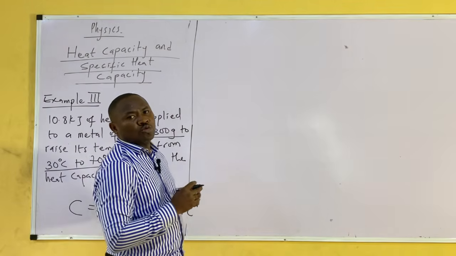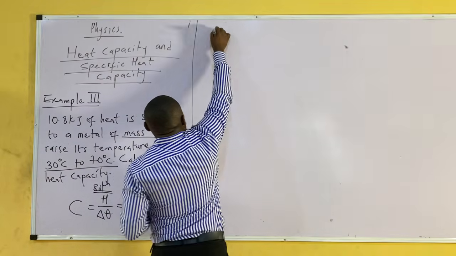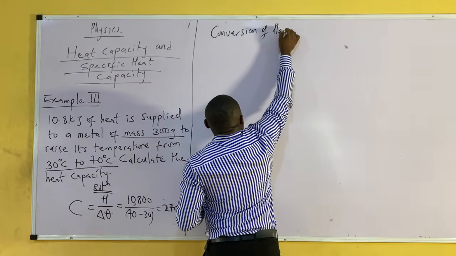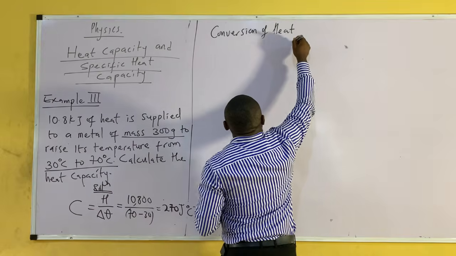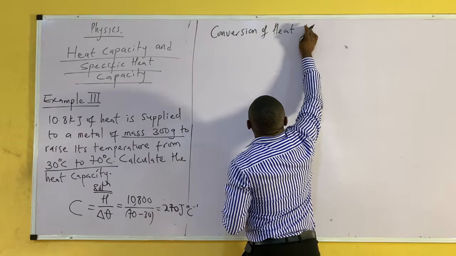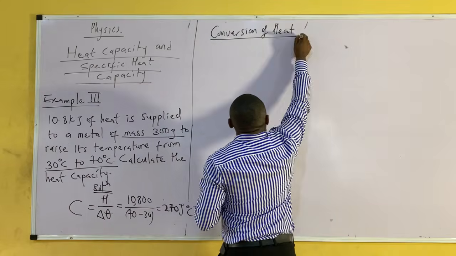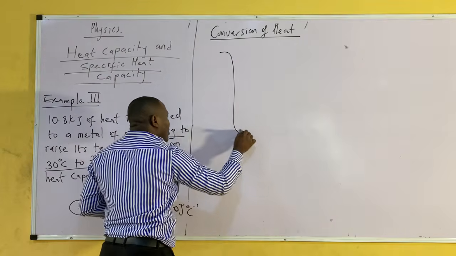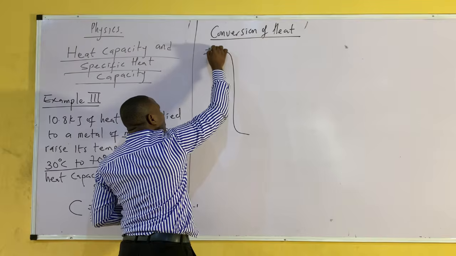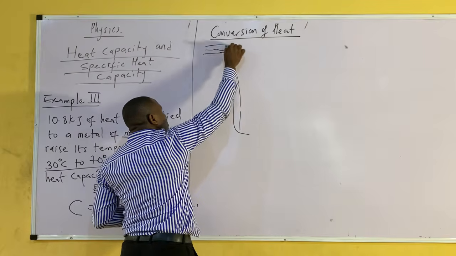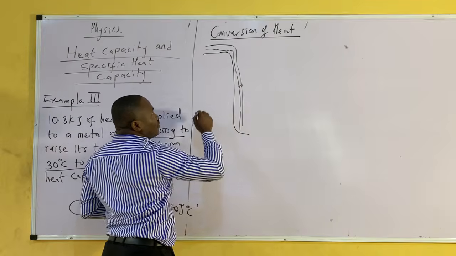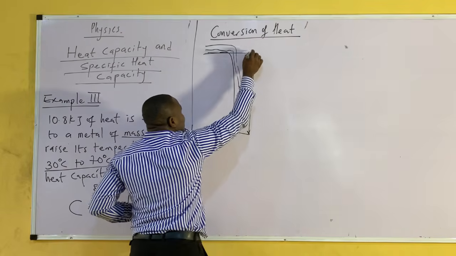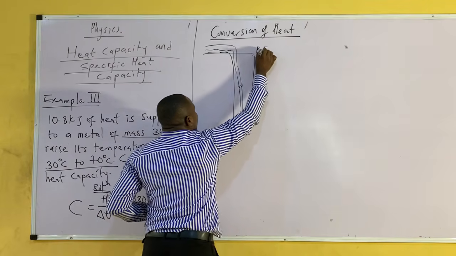Now, I want us to look at a case which is conversion of heat energy. If we have a waterfall, water falling down from this region down, remember at this height, the energy we have at this height is called potential energy.